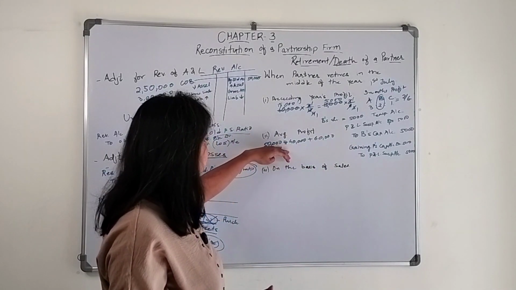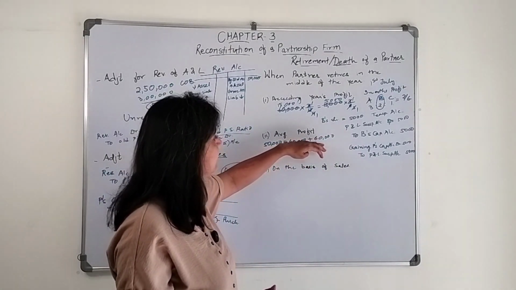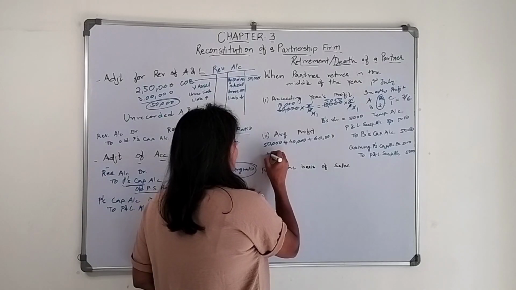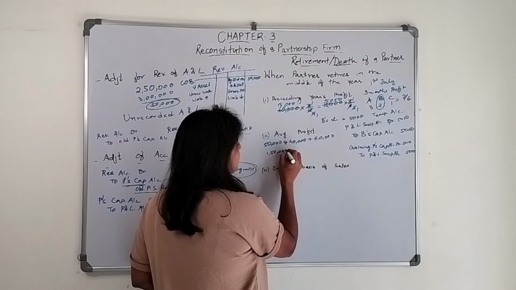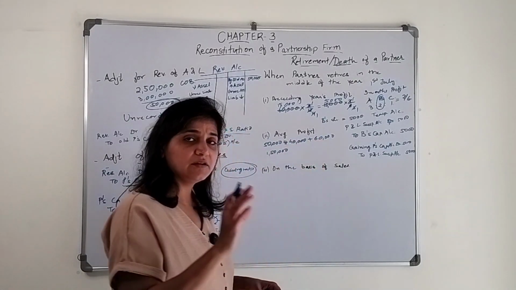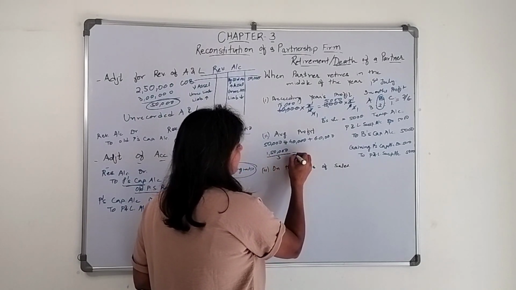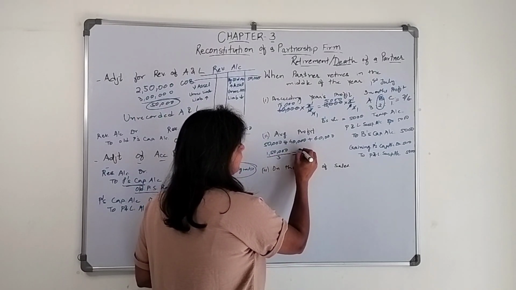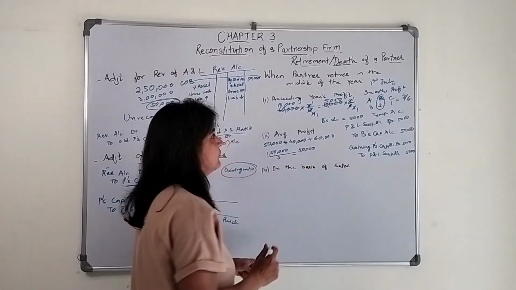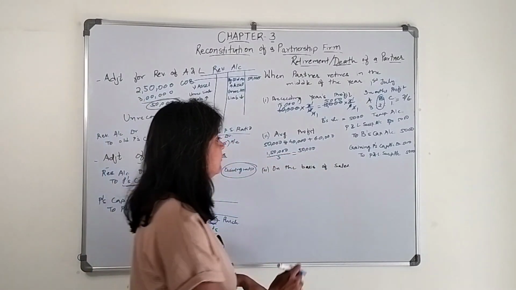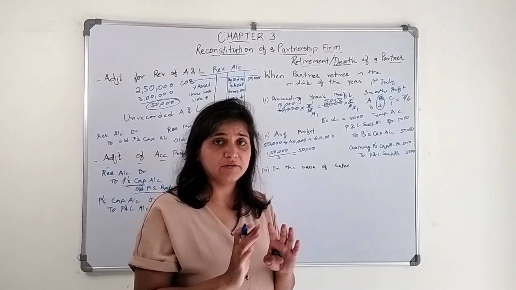Okay, so how much is it? 50 plus 40 is 90, 90 plus 60 is 1,50,000. This 1,50,000, we need to take out the average. So average of 3 years is how much? 50,000. This 50,000 is the average.